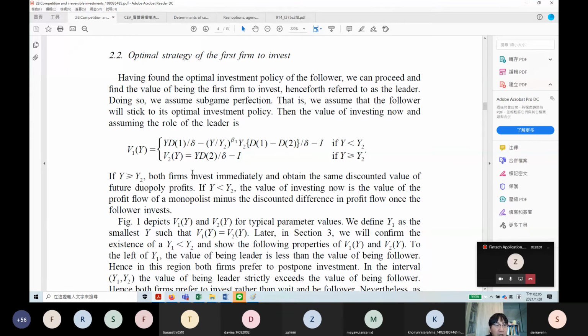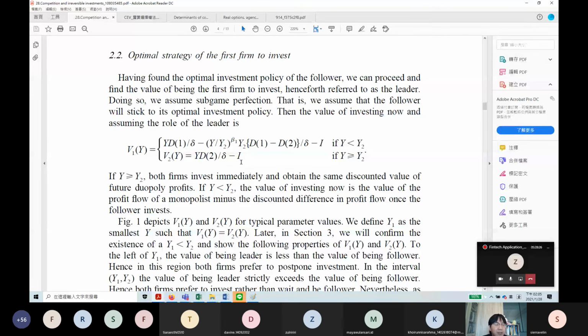So the total profit flow will be shared by two players, right? So here the profit for the leader is a value same as the follower. They share with each other.